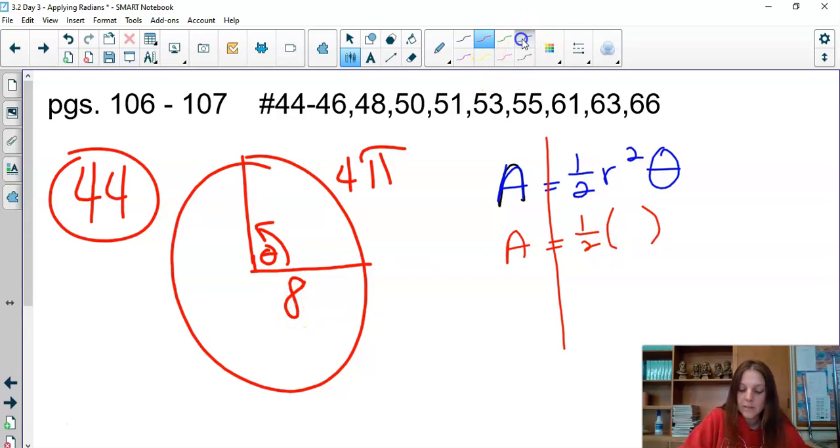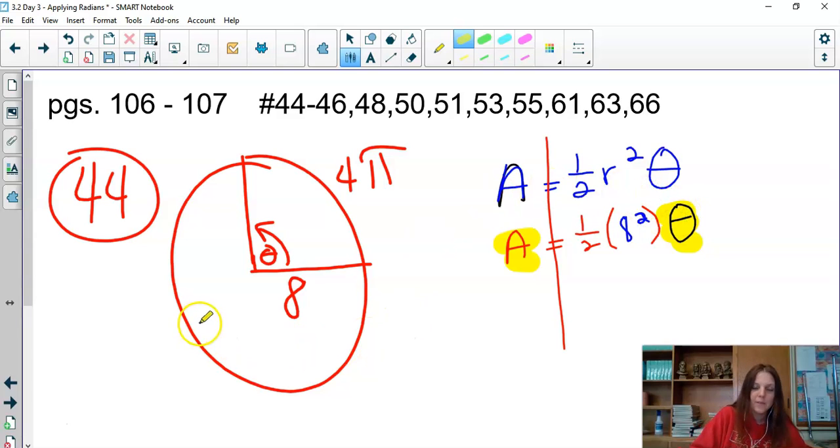The radius is 8. Don't forget to square it. Now here's where we would normally plug in another variable. But again, we have a situation like in example A, where we have two things that are unknown. So we're going to have to figure out this theta over on the side. We know the arc length.